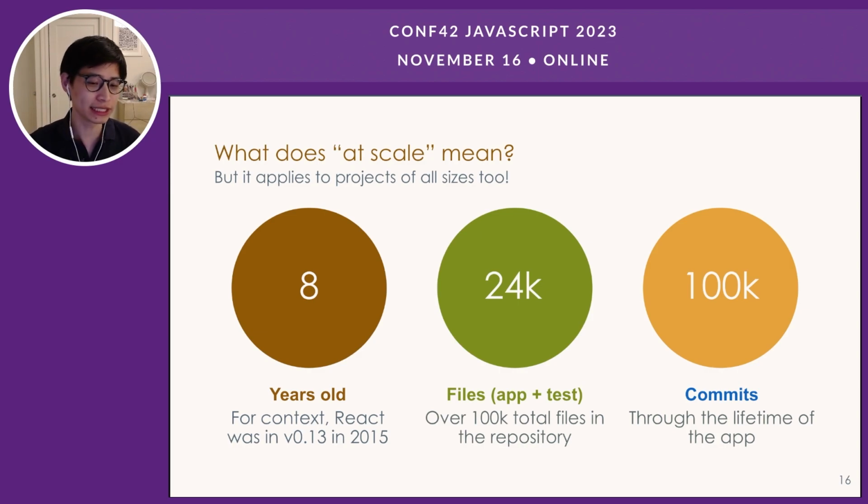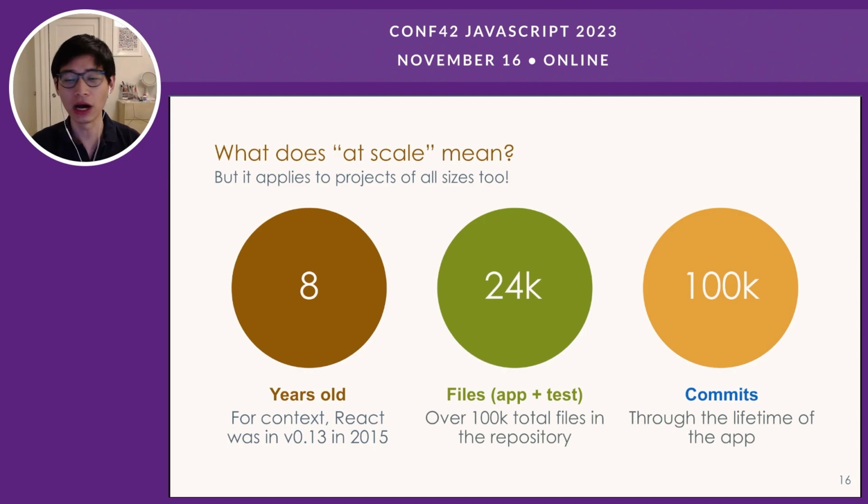But first, what does scale mean? For our application, that meant an application that's been in production for 8 years. We had over 24K files, including application and test files. I believe there's over 100K in the repository, a lot of internationalization files for sure, but it's just all over the place.